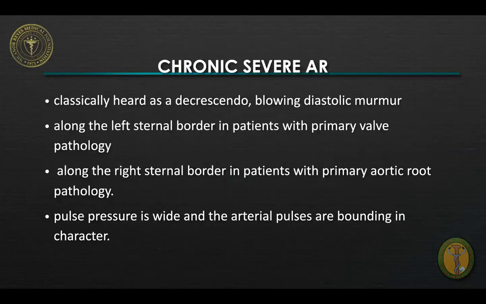In contrast, chronic severe aortic regurgitation is classically heard as a decrescendo blowing diastolic murmur along the left sternal border in patients with primary valve pathology, and along the right sternal border in patients with primary aortic pathology. Pulse pressure is wide and the arterial pulses are bounding in character.